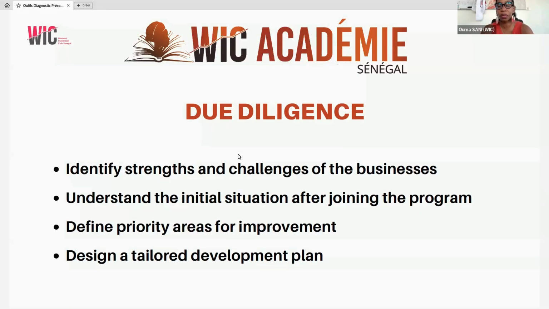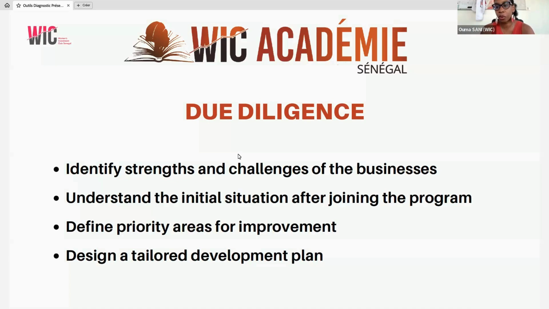What we do differently from other accelerator programs is that we try to have individual support with women entrepreneurs, because we really want to understand the challenges and issues faced by each entrepreneur of the cohort, assess them and give a direct, personalized answer to help them overcome the obstacle.